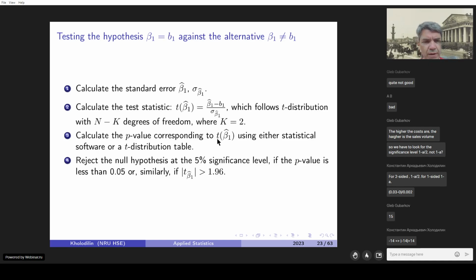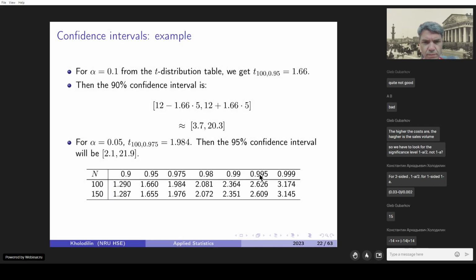So we either have to go into the table here, and we see, well, we don't see this value, but we see that already with 3 we have the probability of 0.999. So the p-value is actually 1 minus the probability here. So the p-value here will be much less than 0.01.